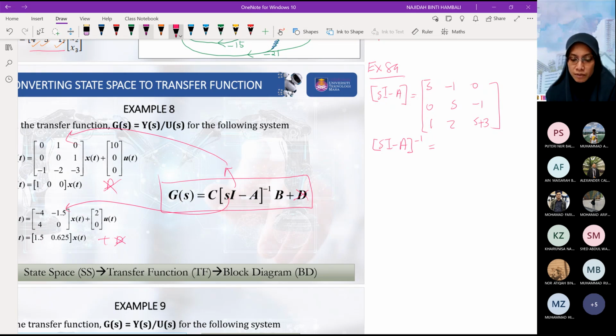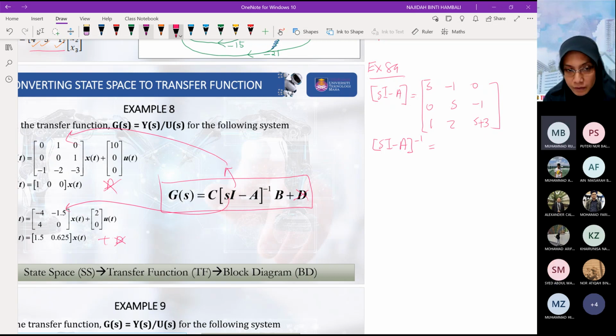SI minus A inverse is equal to... check your lecture notes. Adjoint A over determinant A. Very good, Rushaidi. Okay, so adjoint matrix SI minus A divided by the determinant SI minus A.